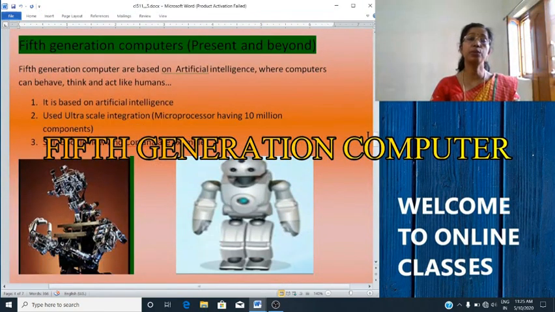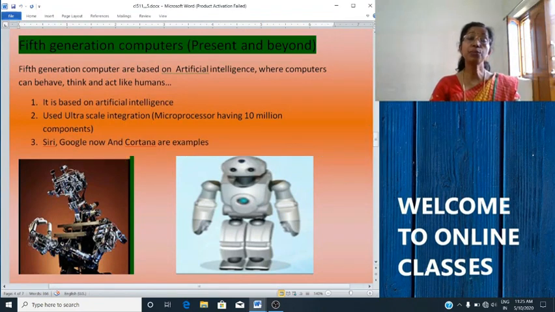5th generation computers. Some of the applications we are using now, and others are still to be developed. So 5th generation computers are based on artificial intelligence. What is artificial intelligence?